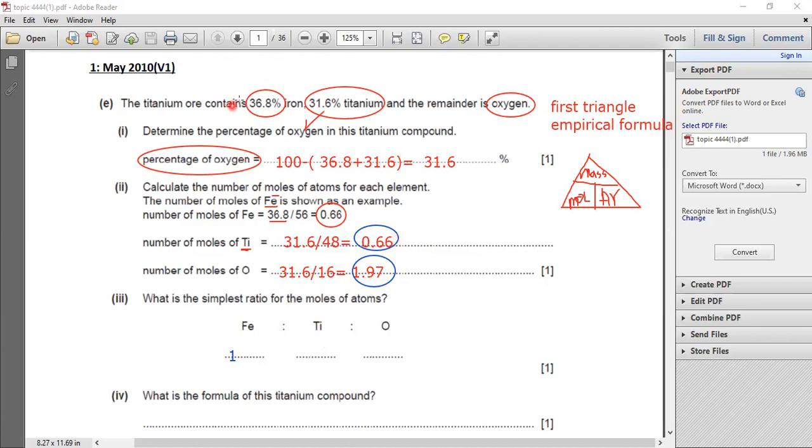So even titanium will be 1. Now, what about oxygen? 1.97 divided by 0.66. It will be 2.9. 2.9, let's say 3. Okay.